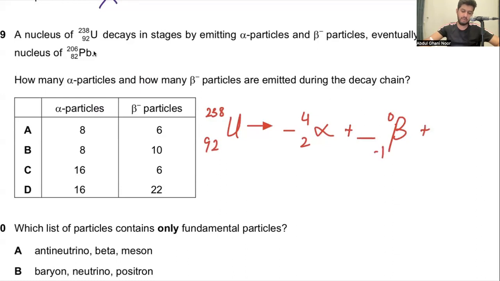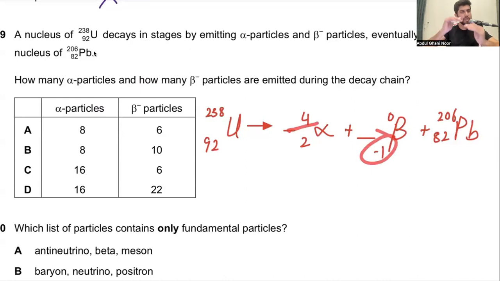Plus it forms Pb 206 82. How many alpha particles and how many beta particles are emitted during this decay chain? So we can easily figure out the alpha particles first, because the beta particles do not affect the nucleon number. Beta particles only affect the proton number.